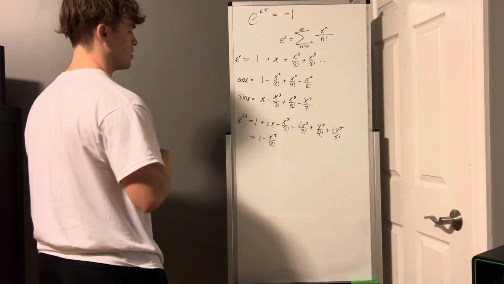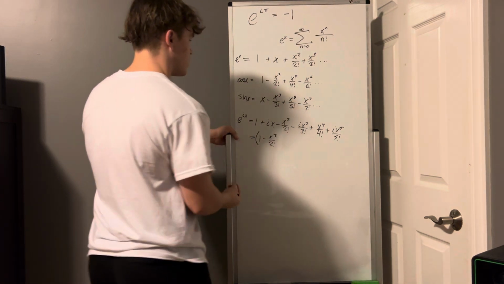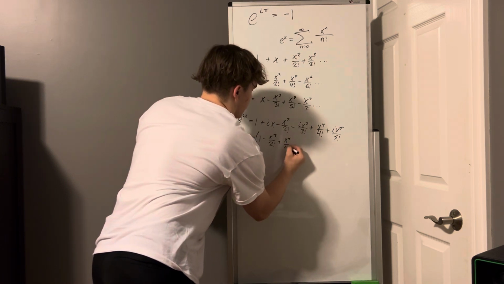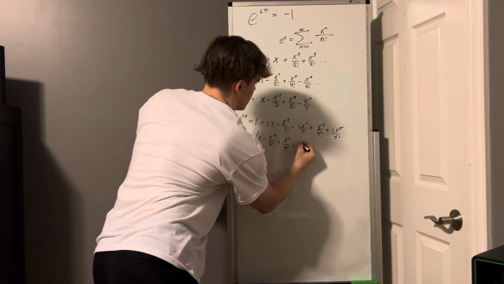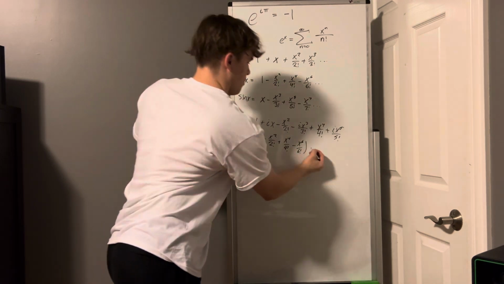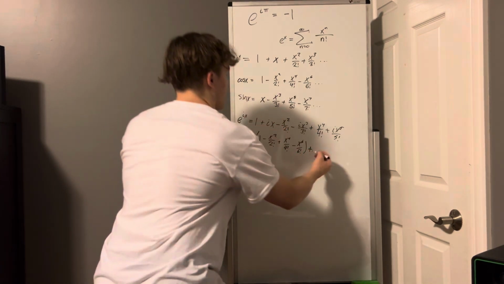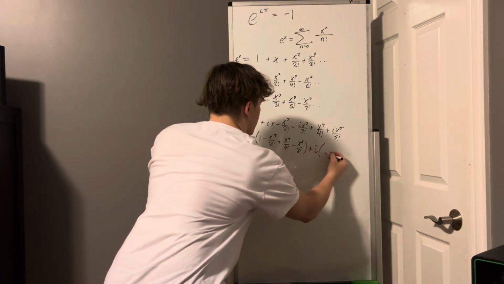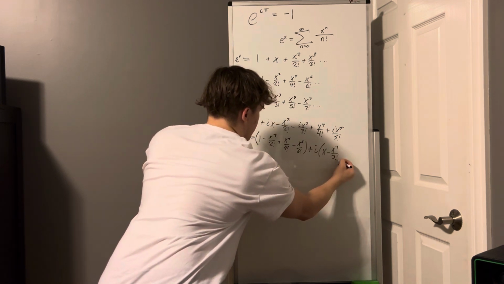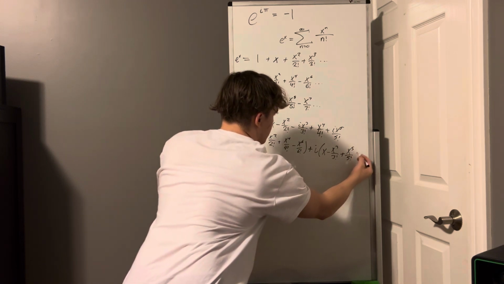But what we're going to have is 1, and I'm going to put some brackets around this, 1 minus x squared over 2 factorial plus x to the 4 over 4 factorial minus x to the 6 over 6 factorial, plus, well, let's factor the i's out of our other terms with i. We've got i times x minus x cubed over 3 factorial plus x to the 5 over 5 factorial.